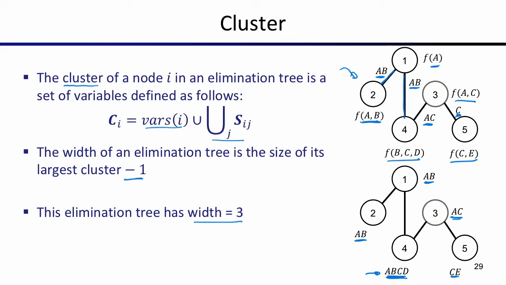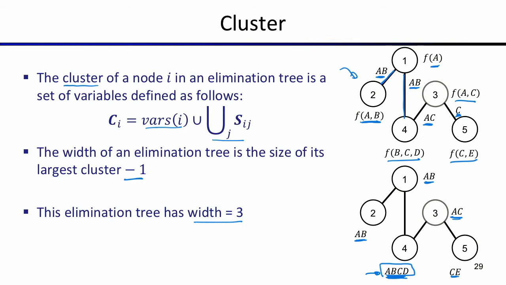So here it is going to be the same thing. The size of the largest cluster will be the size of the largest factor. For instance, this is the largest one, a cluster over A, B, C, and D. It means that we will build the factor over these 4 variables, but later on we will eliminate some of the variables when we eliminate this factor.